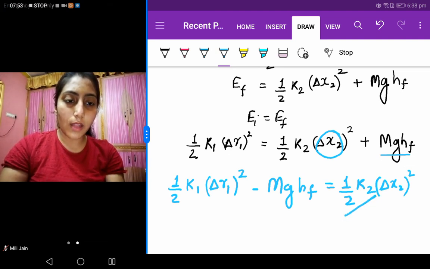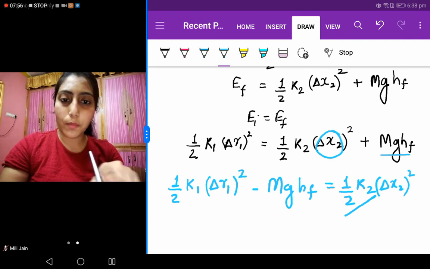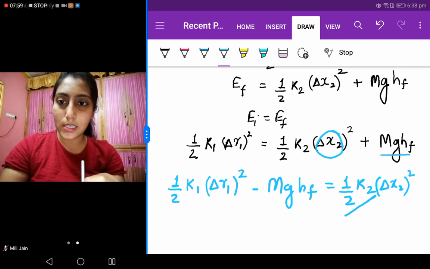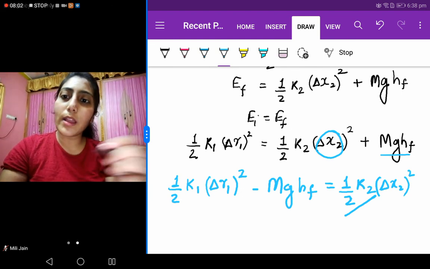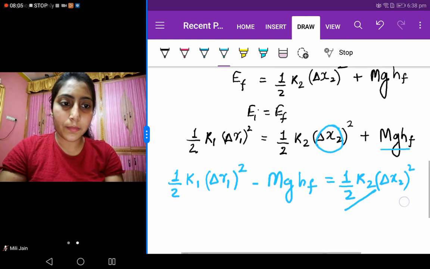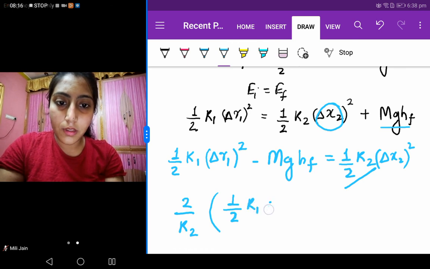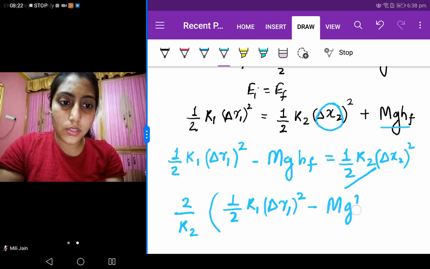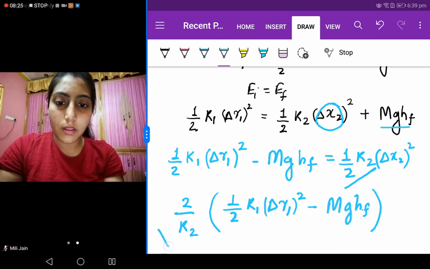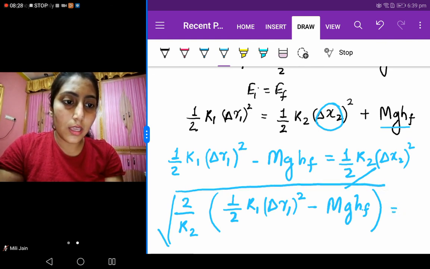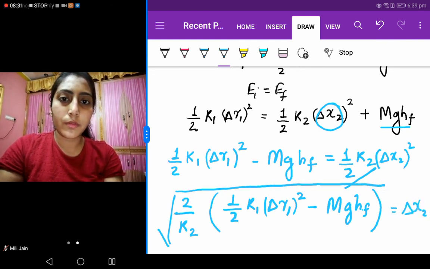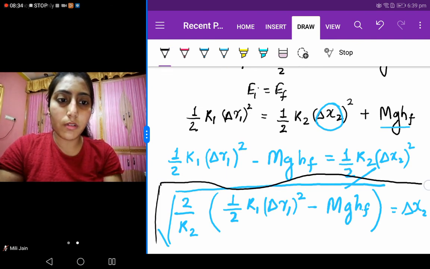We also want to remove these two things. So we'll multiply by 2 on both sides and divide by K2 on both sides. And then we can take the square root as well. So the final value we will get: multiplying by 2 and dividing by K2 gives us the square root of (2 times half K1 delta x1 squared minus m g hf, all divided by K2) equals delta x2, right? So this is the expression for delta x2.